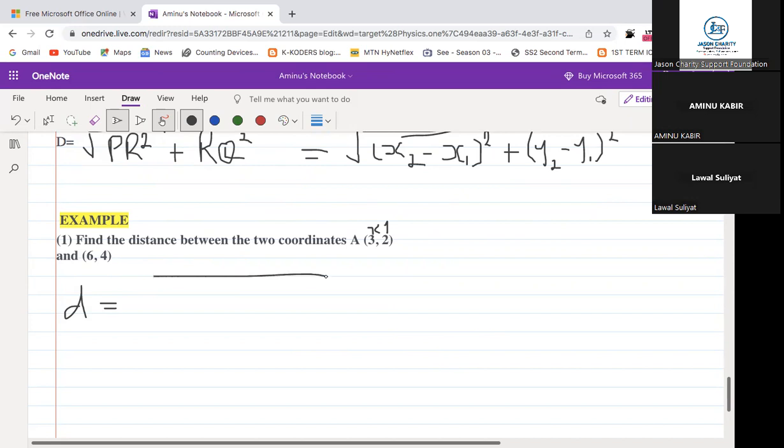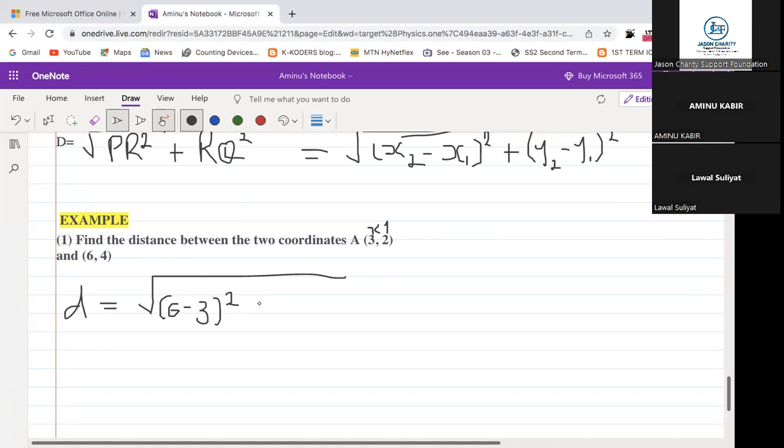So we're going to have the square root of, here our x2 is 6. So open bracket, we have 6 minus x1 which is 3, 6 minus 3.